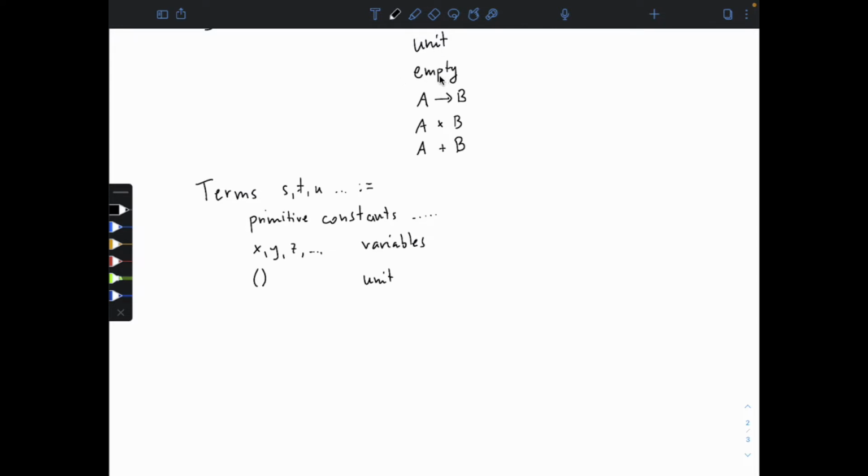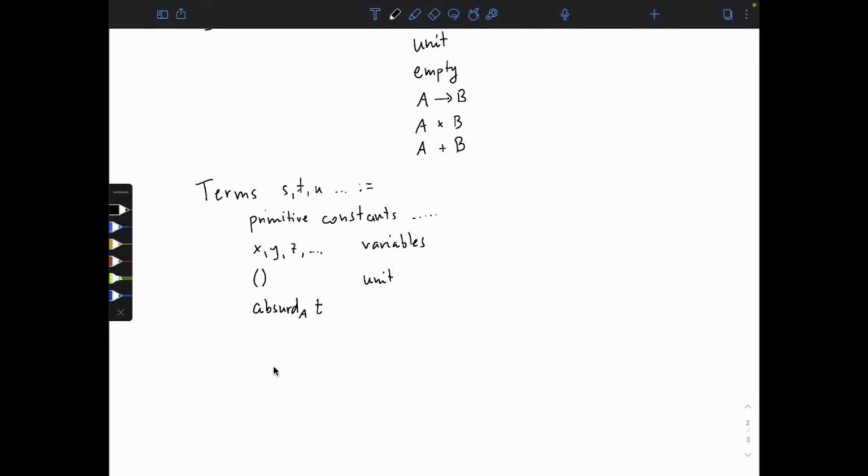Now for empty, there is no introduction form, so no term to create an empty, but there is going to be a term that uses an element of empty, and I will call it absurd A, which takes a term. So it has this form, absurd A of a term T. This is how you're going to use T. If T is an element of empty, then absurd will let you do whatever you want.